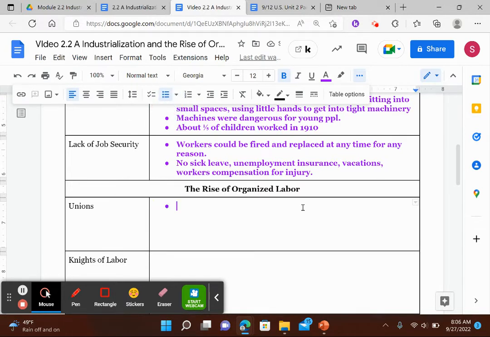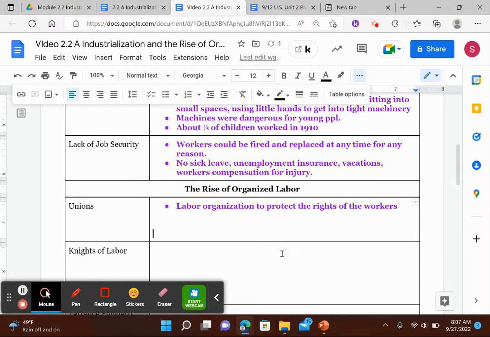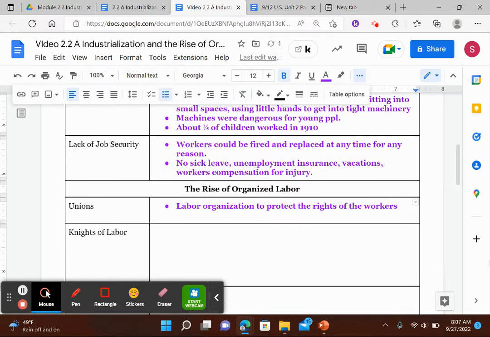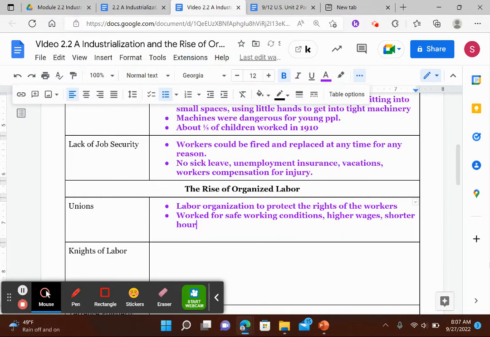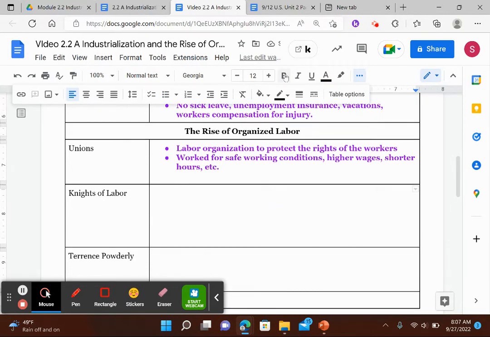It was a labor organization to protect the rights of the workers, and worked for safe working conditions, higher wages, shorter hours, etc. Okay, so let's move on to read about the Knights of Labor.